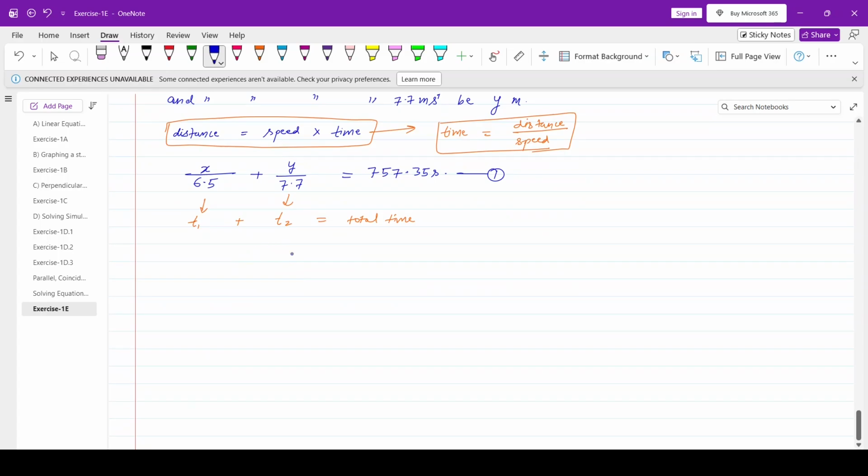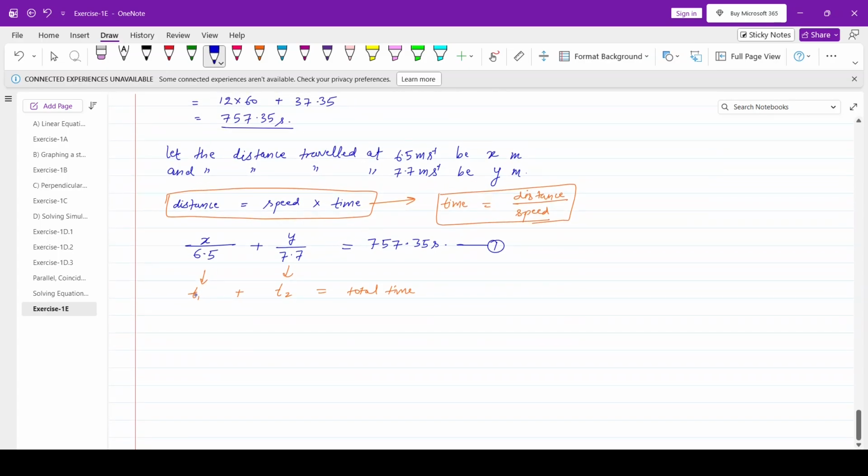We also know that x plus y is equal to 5000, as x and y is the total distance and the race is of 5000 meters. So these are two equations. This is equation number 2.